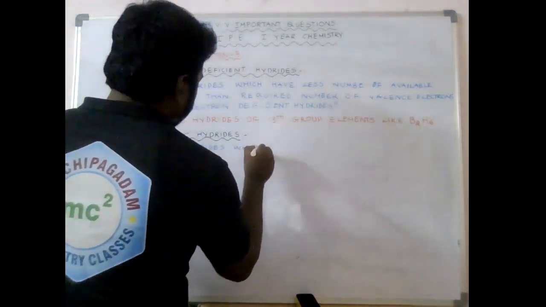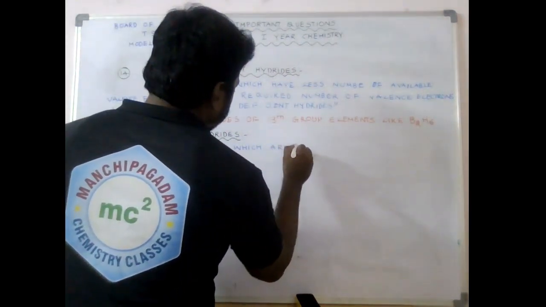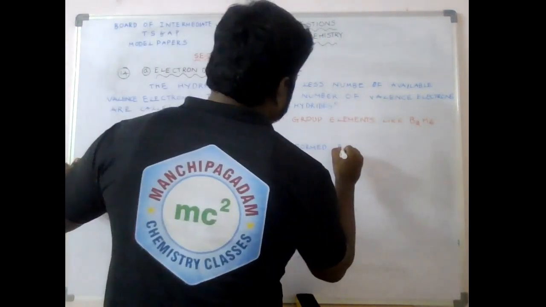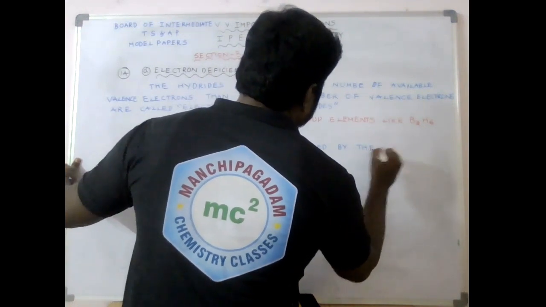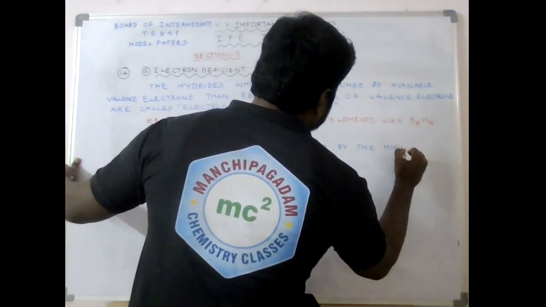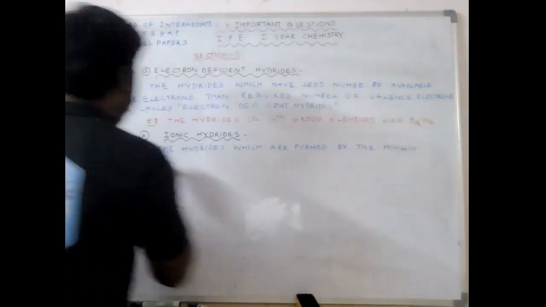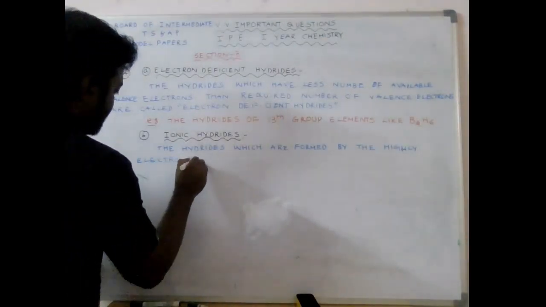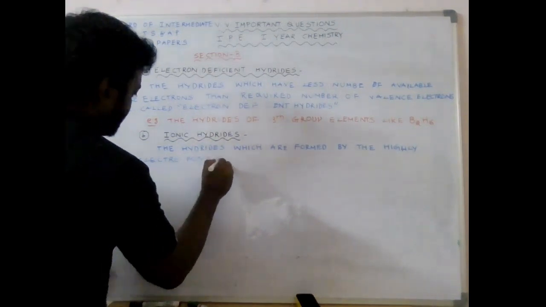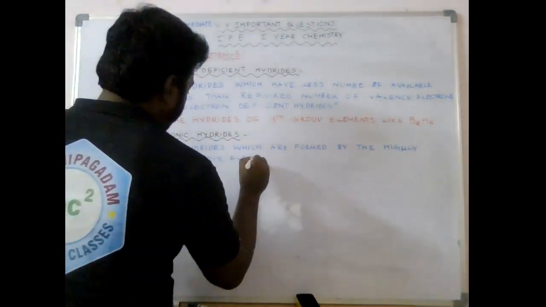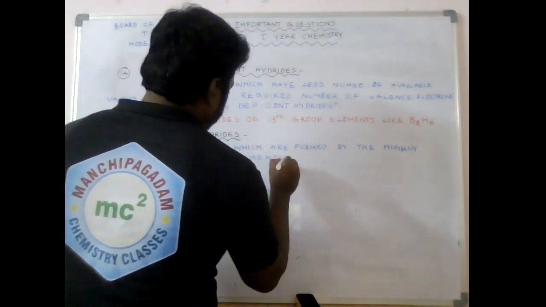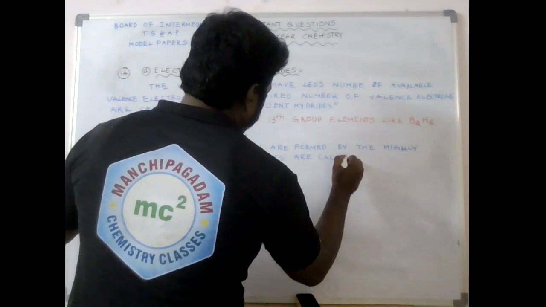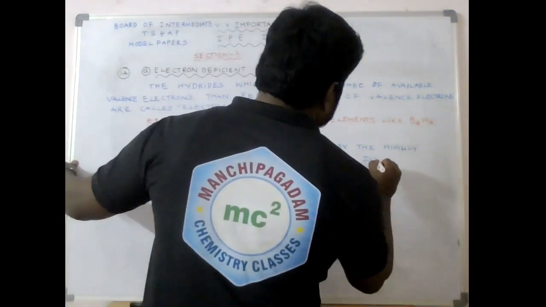So you can say that the hydrides which are formed by the highly electropositive elements are called ionic hydrides, also known as what?